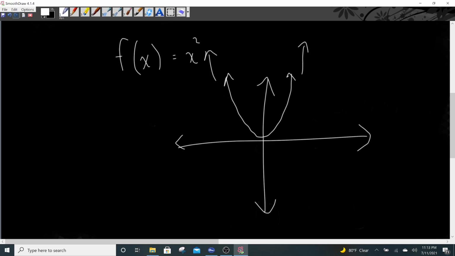So we can say that the limit as x approaches infinity, which again I feel like I need to reiterate, infinity is not a number, it's a concept, but still, the limit as x approaches infinity is going to be infinity.